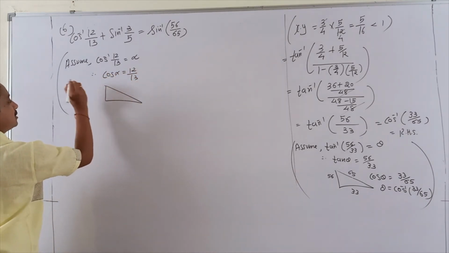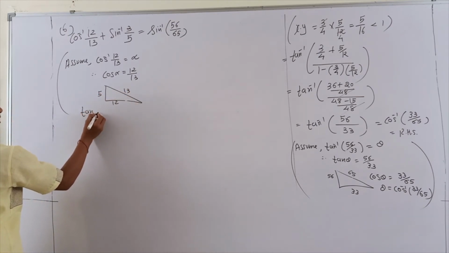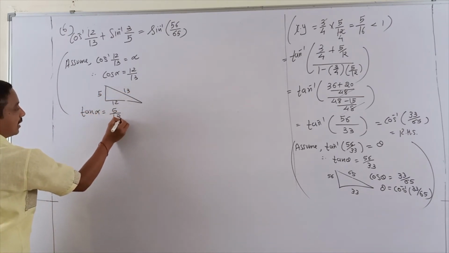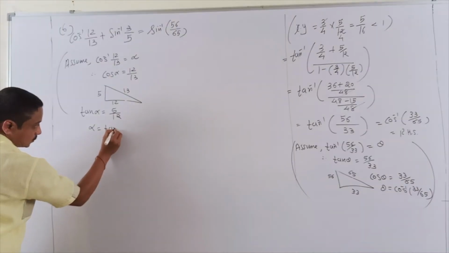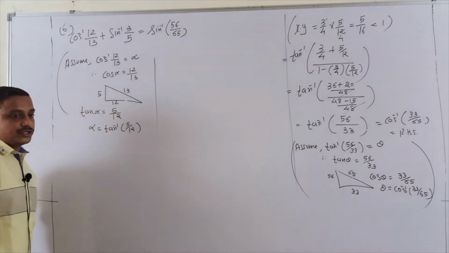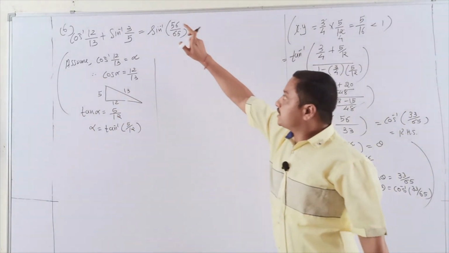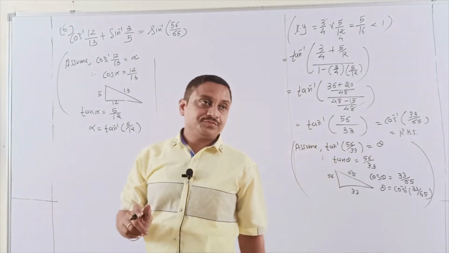12 by 13. Go to triangle. Here 12, here 13, definitely 5. So tan alpha is 5 by 12. Alpha gets tan inverse 5 by 12. That value is your first case. Now similarly students, here the second value.